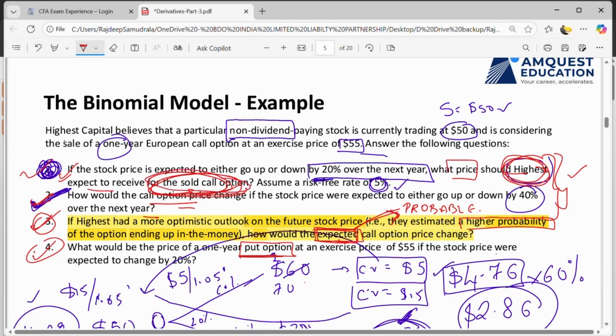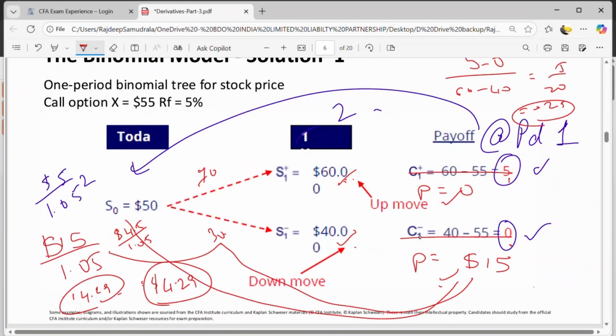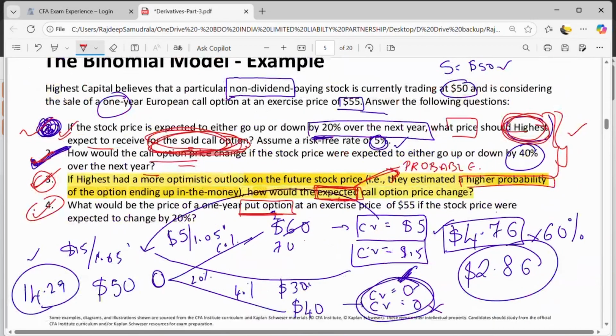So here they're not looking at probabilities. They're looking at what is the scenario if it goes up by 20 or down, what price should I expect. They are not trying to tell you to estimate the respective probabilities. In question 3, you're right. They said the expected price and the estimation, and they're also giving you probabilities. So they're starting to play with probabilities in question 3.